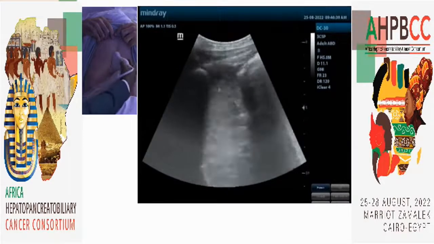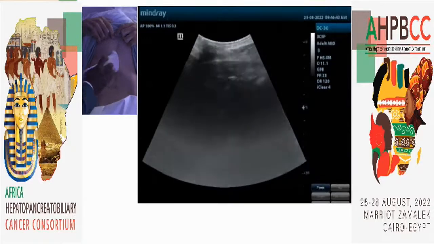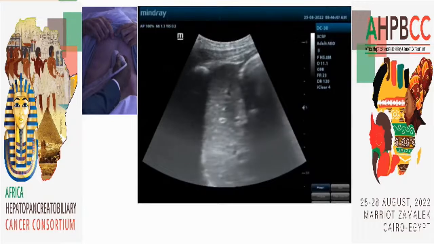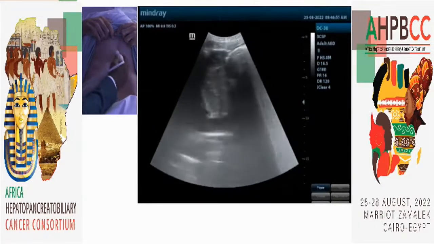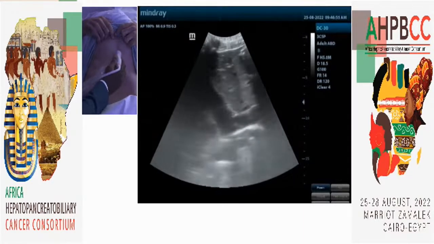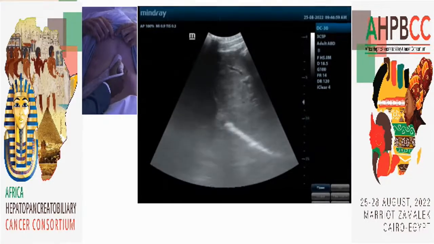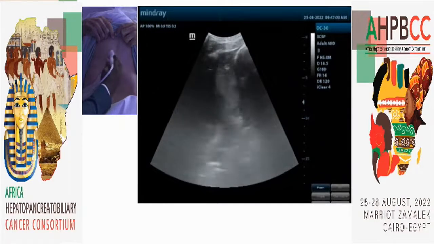So by going all the way, fanning right and left, slowly and gradually, and regulating your depth to make sure that you are visualizing the entire liver, would help you exclude any focal lesion in this region of the liver.